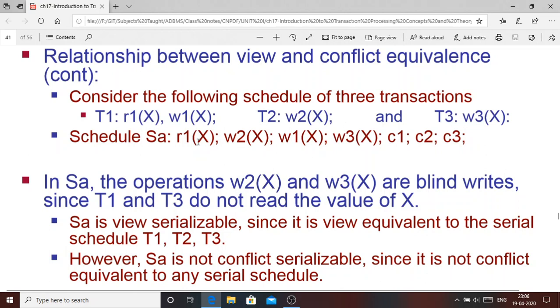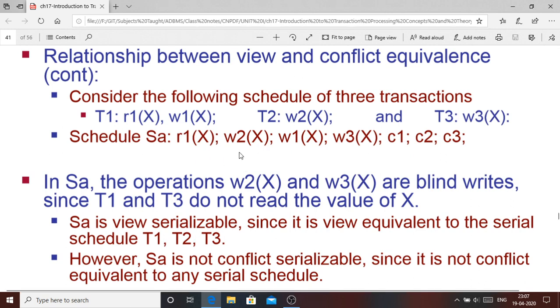In schedule A, you can see R1X reading the item, followed by W2X, and followed by W1X and W3X. Since all three transactions end with write operations, it is basically view equivalent. The same thing you get in the serial schedule also, that all three end with write operations.